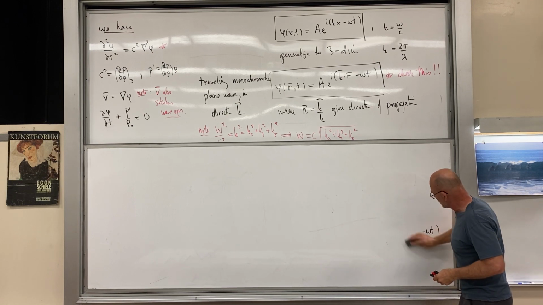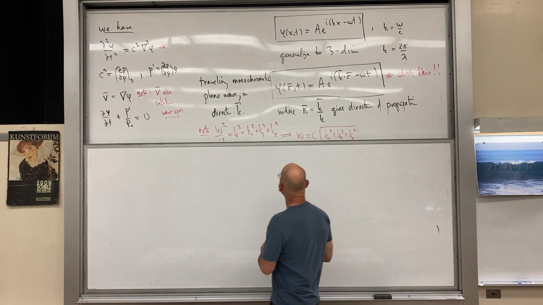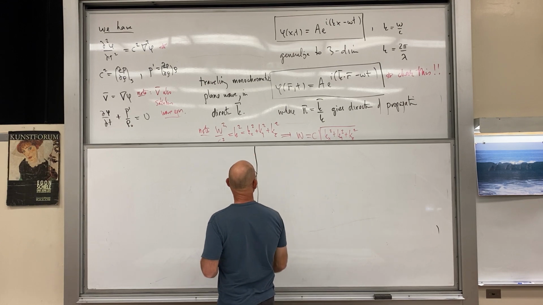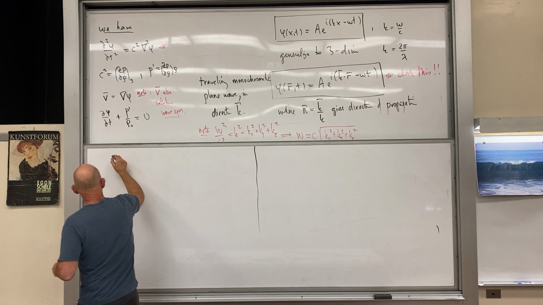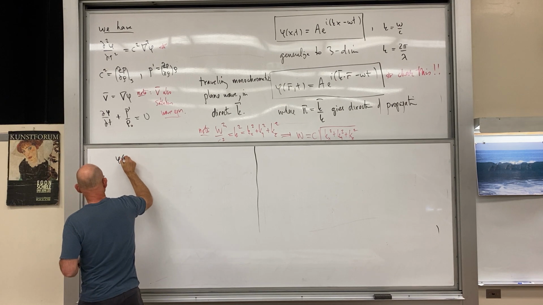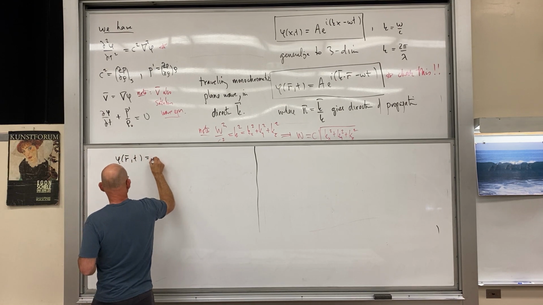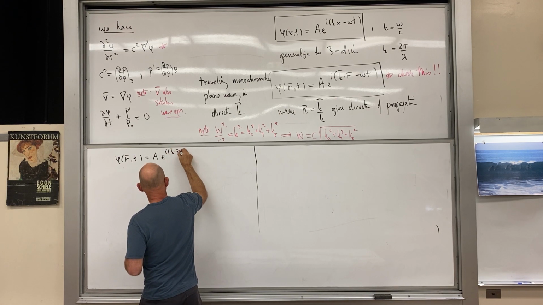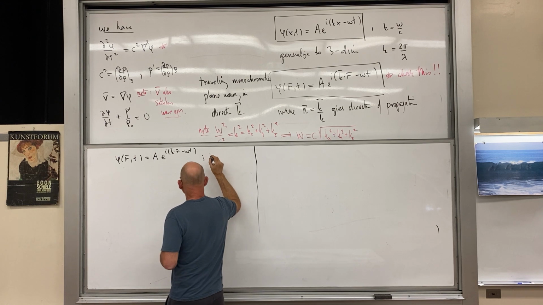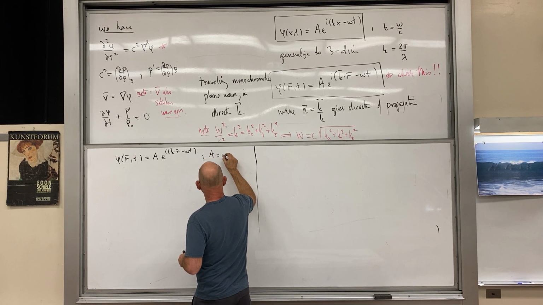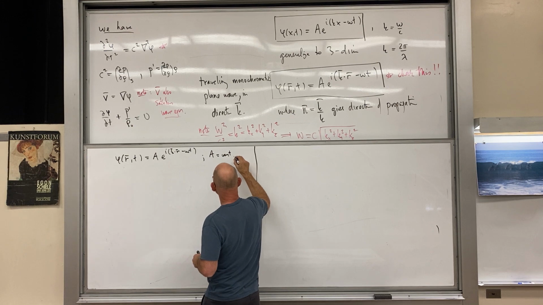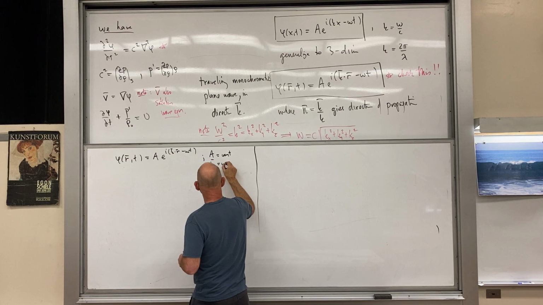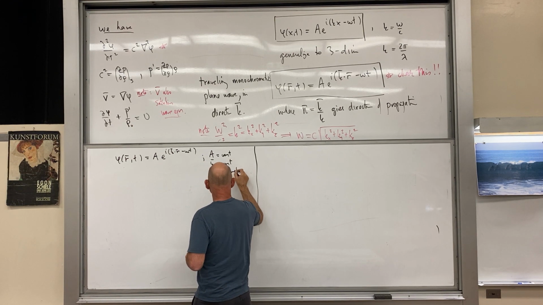So let's see how we can pull this off here. Split the board. Rewrite this thing up here. We've got our phi of r and t, A e to the i, k dot r minus omega t. And we're saying A is constant, k is constant, and c is constant.